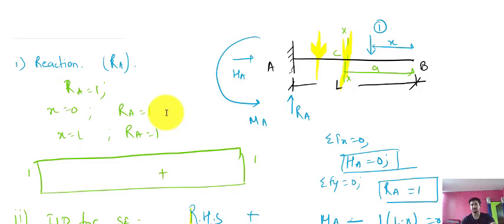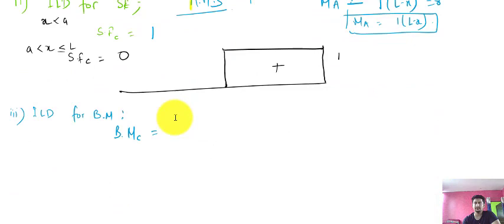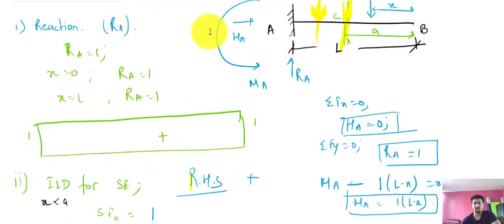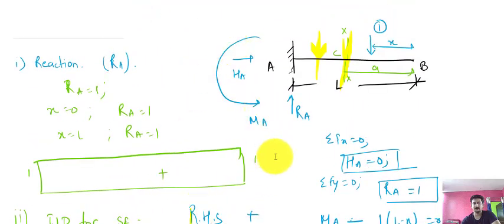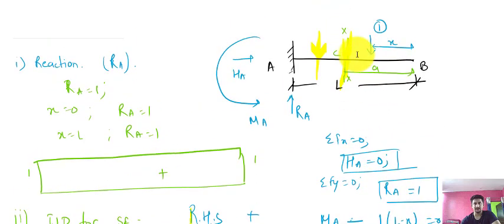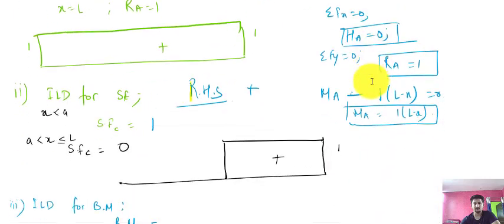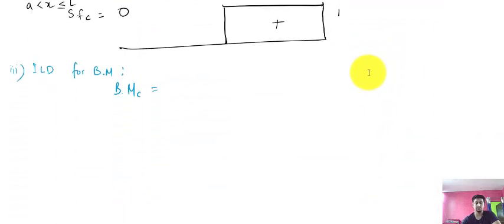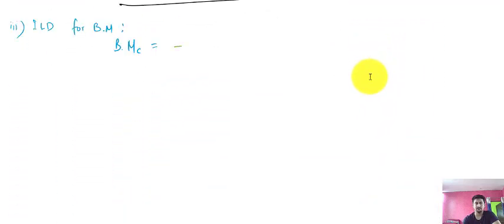The moment at C is clockwise, and a clockwise moment in the case of a cantilever beam is taken as negative, as I have taken the anti-clockwise moment as positive here. Therefore the clockwise moments are taken as negative. The moment equation will be -1 into the distance A minus x.